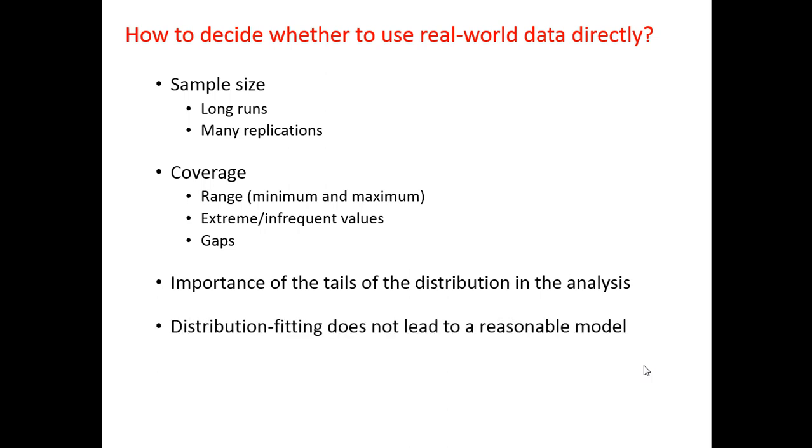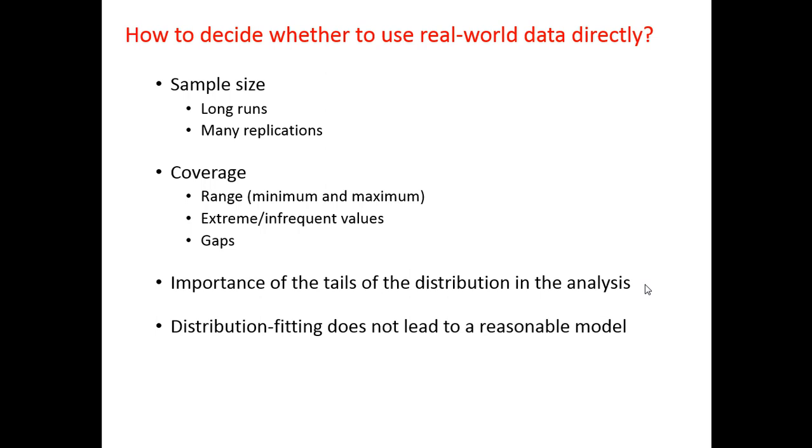And finally, sometimes you may not be able to find a reasonable distribution that fits the data well. Given that there are hundreds of distributions, and some of these distributions, like the beta distribution, are very flexible in terms of the different shapes they can take, it's unlikely that you cannot find any distribution that fits your data.